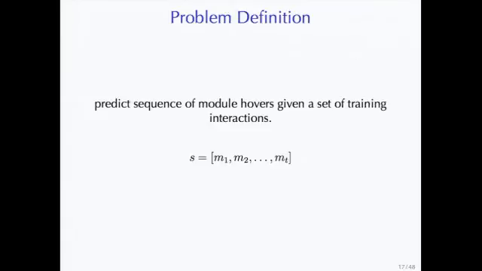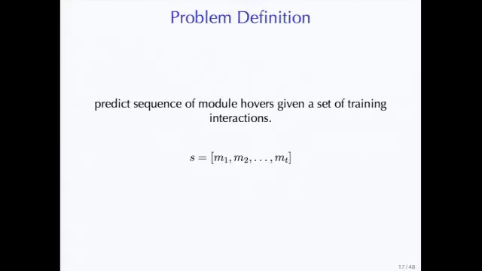Okay, so that's sort of a high-level description of the data. Now I want to talk about some experiments that we were running in order to try to model what's going on. The problem definition we're going to be looking at is sequential modeling. We assume that we observe in the mouse tracking data a sequence of modules that the user has moused over.